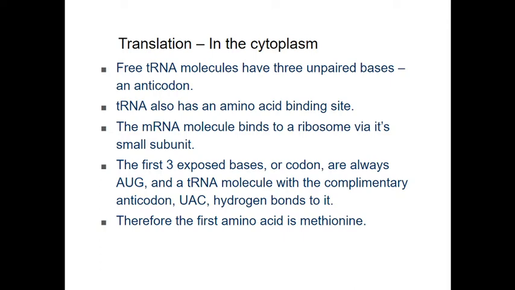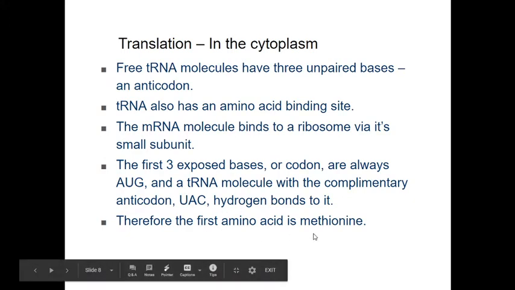The first three exposed bases, or codon, are usually AUG, and this is the start codon. The tRNA molecule will base pair with the AUG through the complementary anticodon UAC, which will therefore code for the amino acid methionine, and that one will start off the overall translation.